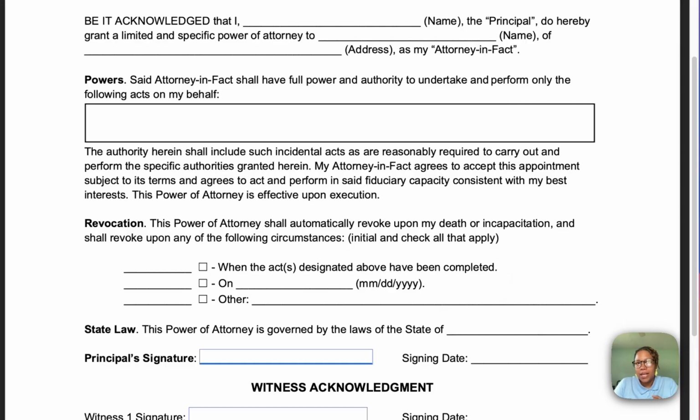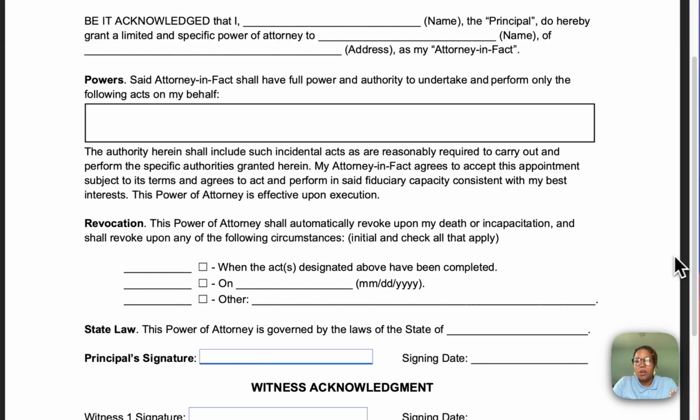As we stated before, like say you're giving someone power to buy a car for you. When the designated act has been completed, when the car is purchased, this power of attorney is no longer in force. It could be revoked on a date or some other qualifying event happening that then ends this power of attorney contract.